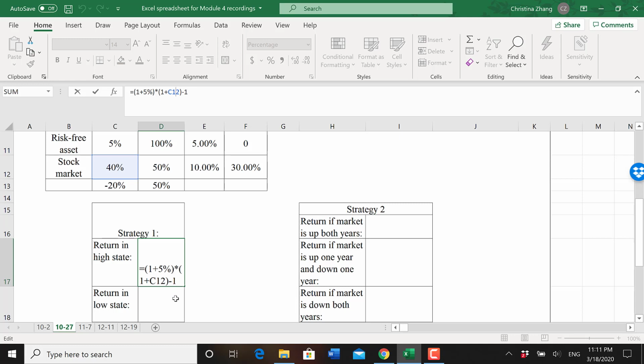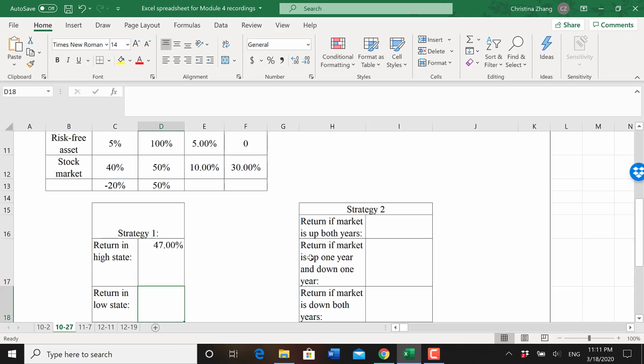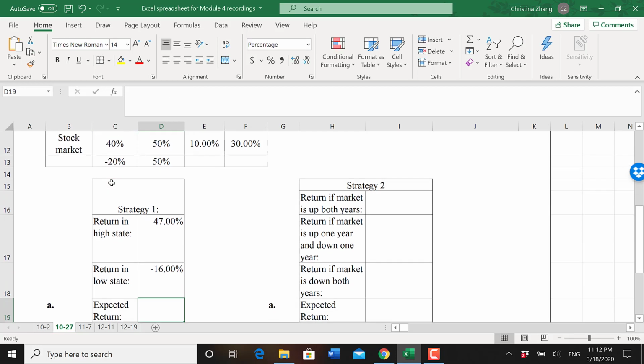to get the percentage return. All right, so for the return in low state, again, very similar. The first year, your answer is still the same because it's a risk-free asset. For your second year, in this case, you're going to use the negative 20% instead of the 40% because the return is actually worse. So you're going to get negative 16%.